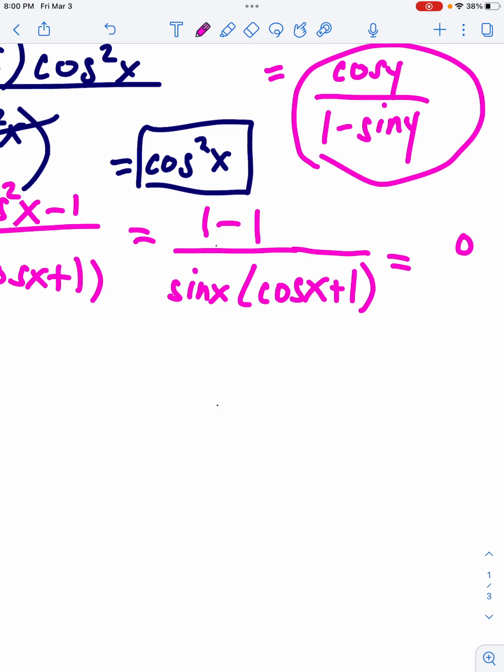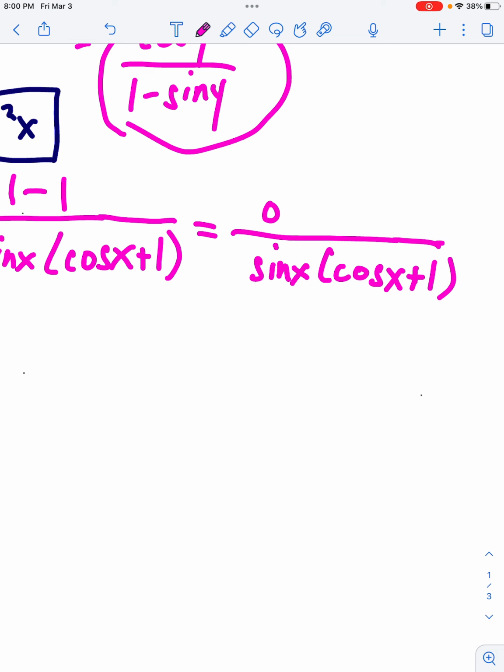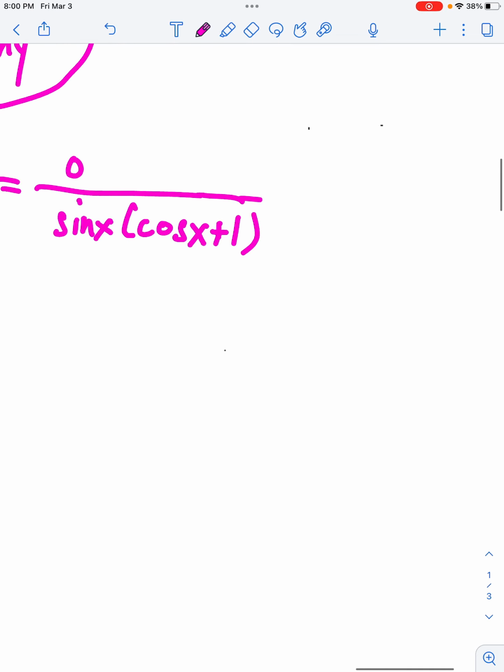One minus 1 is 0, so I get 0 over sine x times cosine x plus 1. And 0 over anything is just 0. Okay, so that's my answer. Done.